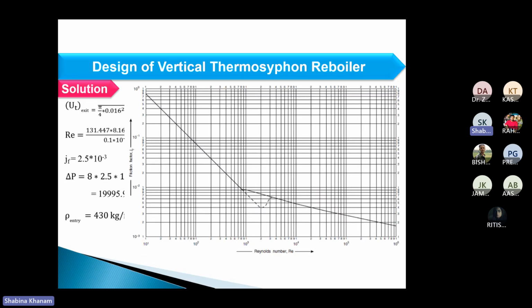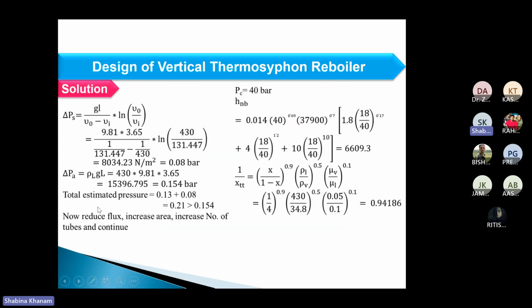So in that case, what could be the thumb rule to reduce the flux? I would say there is no thumb rule. You need to see the values and reduce the flux.